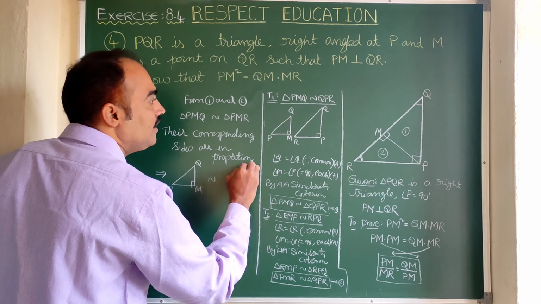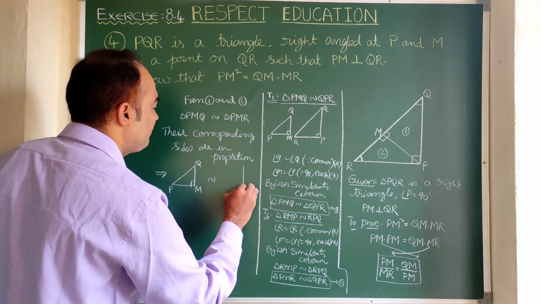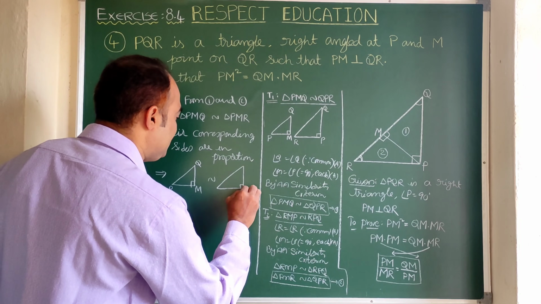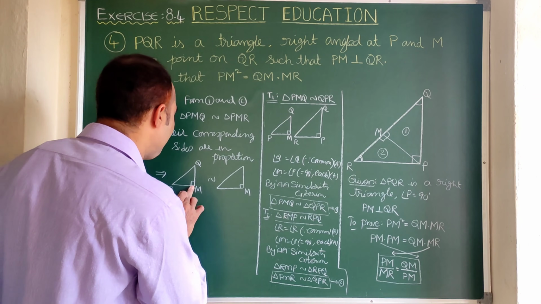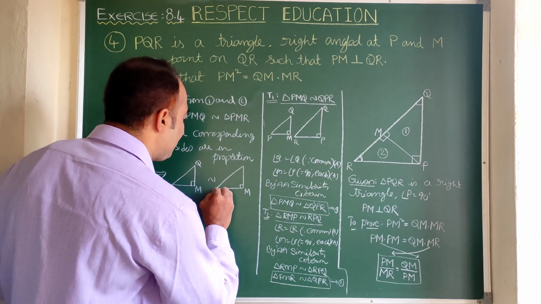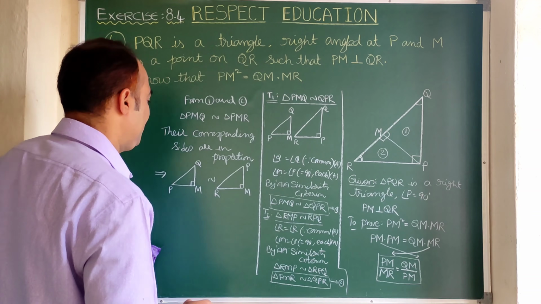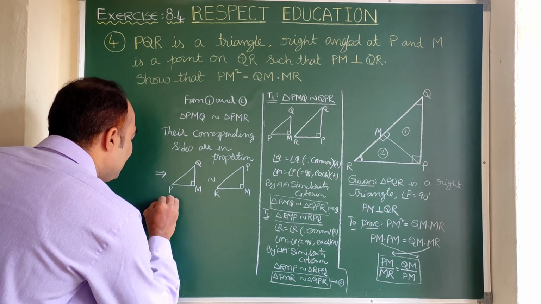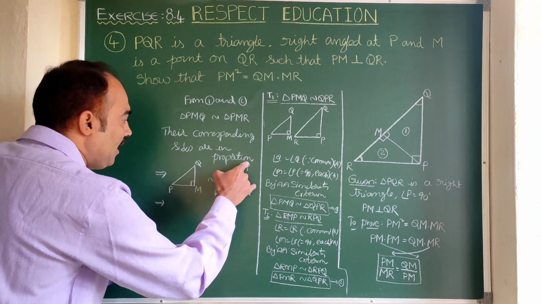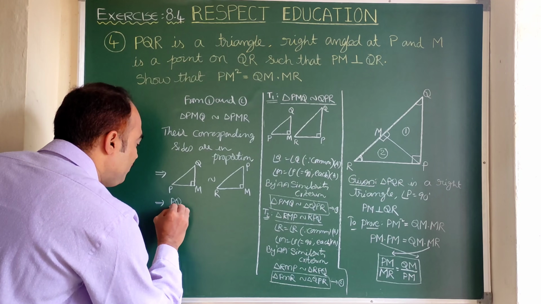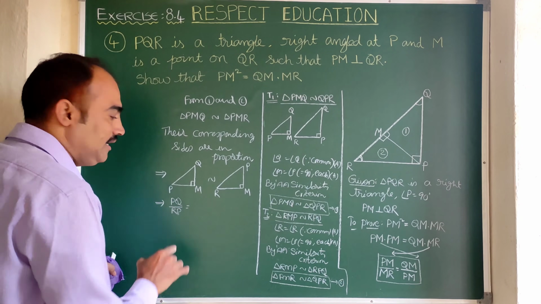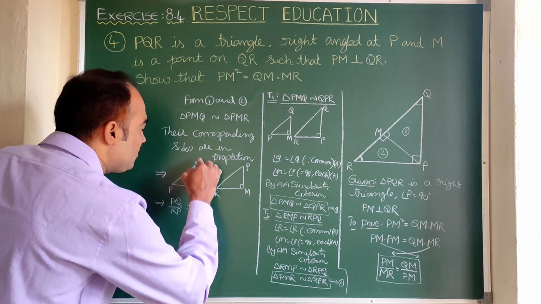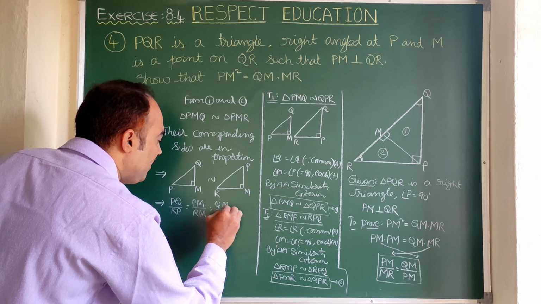This is similar to the second son, PMR, where here it is M, we can write M, and here R and P. Now, since their corresponding sides are proportional, let us take their corresponding sides. Here we can take PQ by RP, or we can write PR also, is equal to PM by RM, PM by RM is equal to QM by PM.